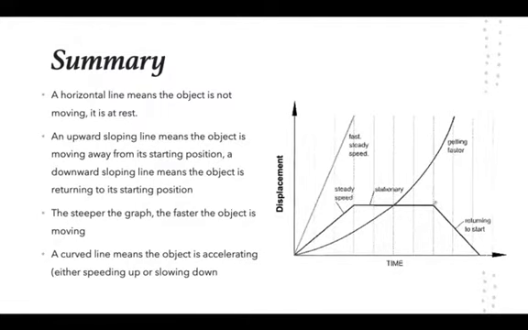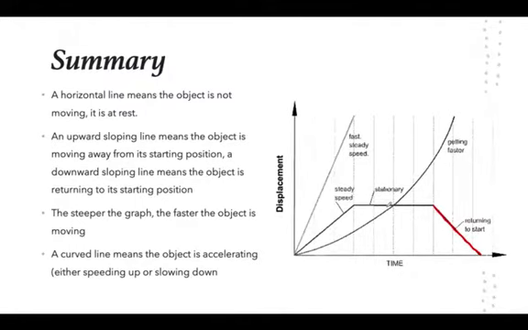Then here it is returning back to its original position at constant velocity, only in the opposite direction. Okay. Here we have a high slope, so that means that it's moving fast, but at a constant velocity. And here we have a curved line, which means that the object is getting faster.